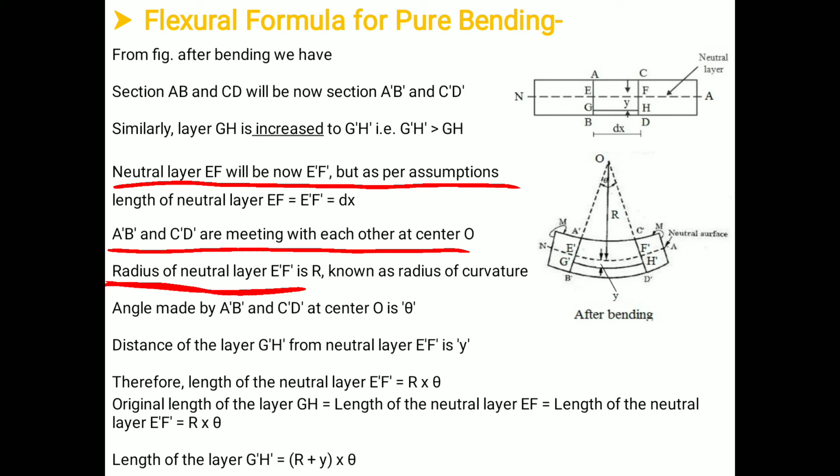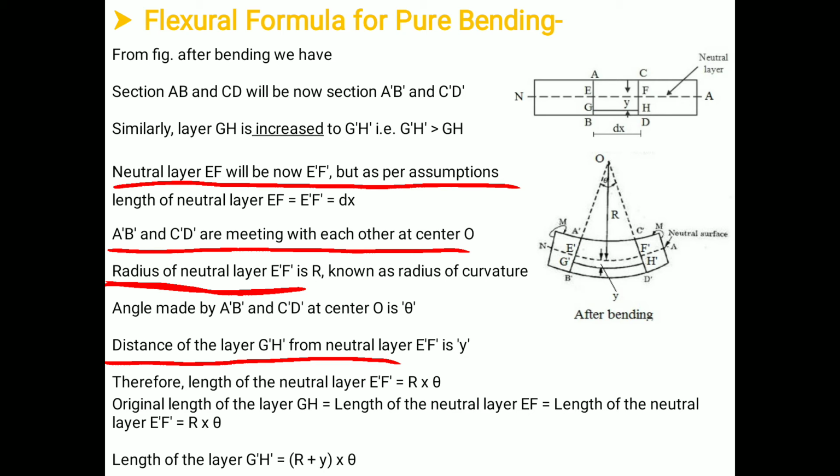Also, from the figure, theta is the angle made by A'B' and C'D' at center O. Therefore, the distance of layer G'H' from the neutral layer E'F' is y. If you concentrate on the figure, the layer G'H' is located at a distance of y from E'F'.